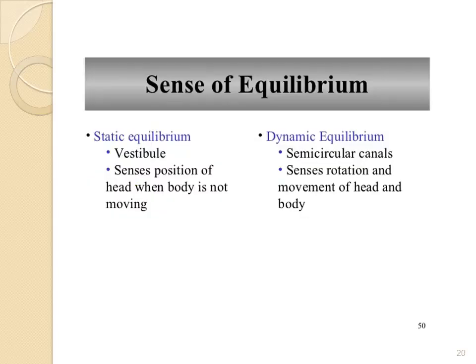Now, how can we sense equilibrium? We have two types: static equilibrium and dynamic equilibrium. Static equilibrium is the responsibility of the vestibule and means sensing the position of the head when it's not moving, while dynamic equilibrium is the responsibility of the semicircular canals and means the head is moving or rotating from side to side.